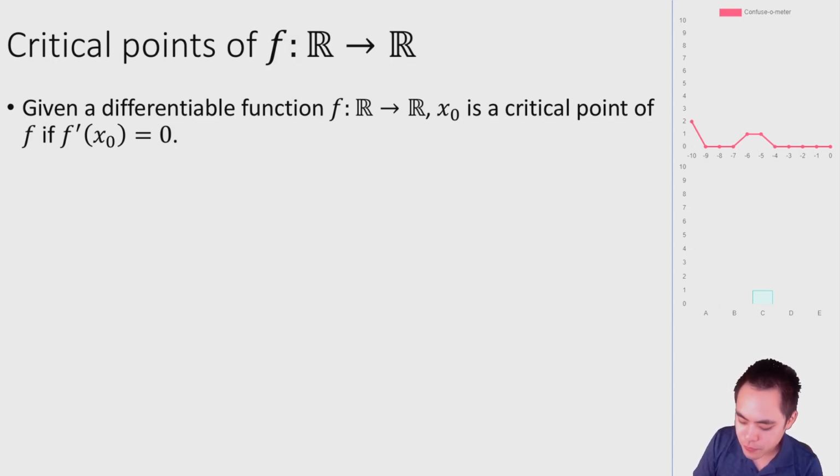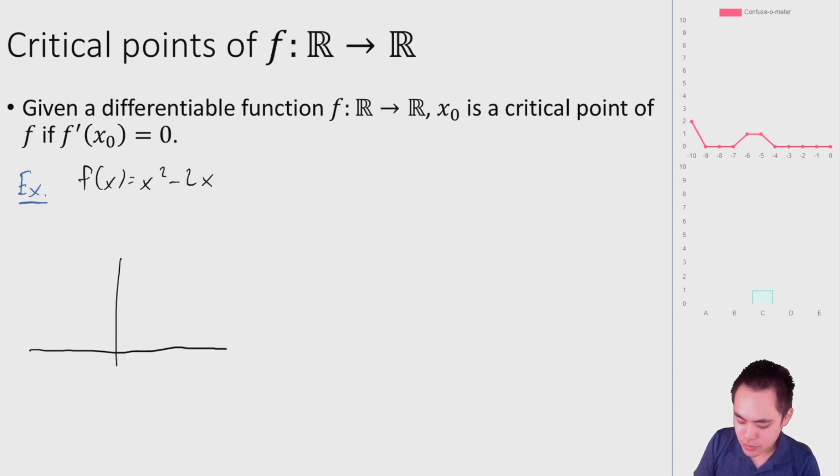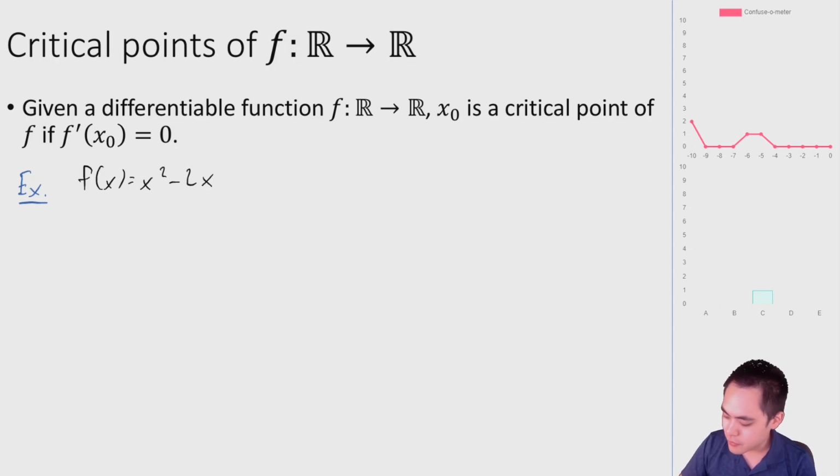So for example, if we had a simple function f of x is equal to x squared minus 2x, well, let's draw this function. This function looks like a parabola. Let me redraw that in a different color.